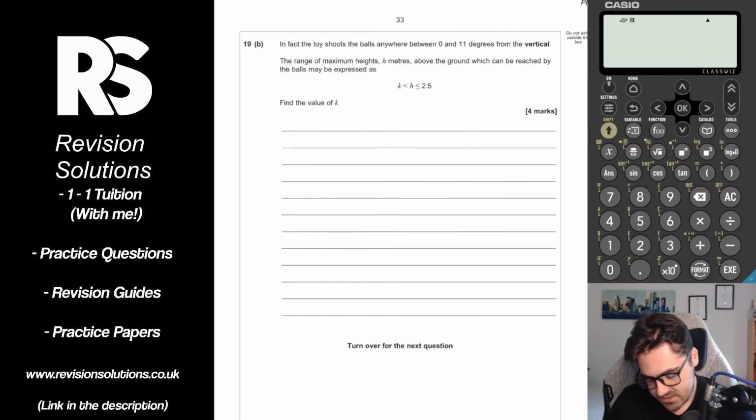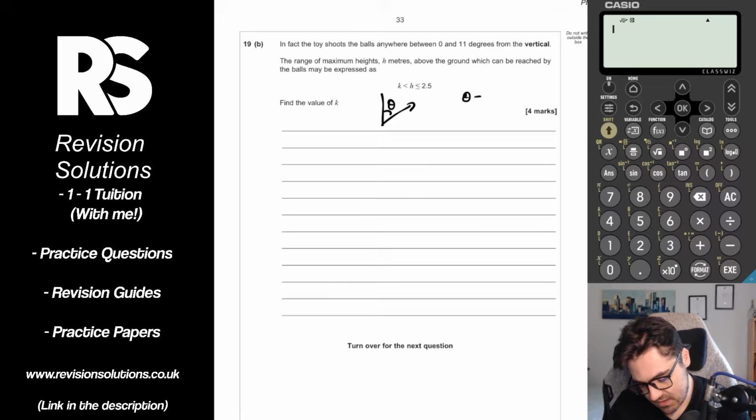So moving on to 19b, it says, in fact, the toy shoots the balls anywhere between 0 and 11 degrees from the vertical, and the range of maximum heights is now given by this. But can we find the minimum value of the range of heights? So if you think about it, if we are shooting our projectile at an angle to the vertical, theta, then we want that angle to be as large as possible.